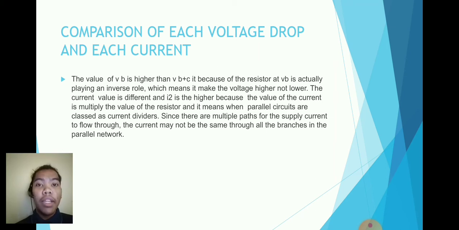So that's why the voltage there is higher than the other resistor. Okay, the current is different because there is a node that divides the total current. So the current of each branch is not the same. So that's why the value is not the same.